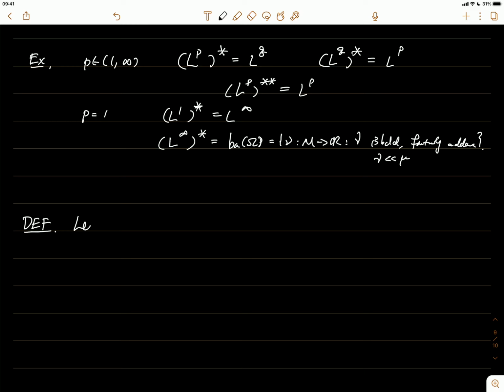So let X and Y be Banach spaces, or in general they could even be B star spaces. And T is a bounded linear operator, a bounded linear mapping from X to Y. Okay, then let me define the adjoint operator.